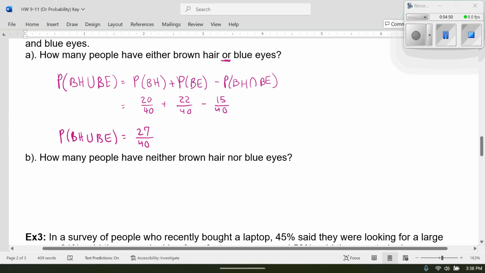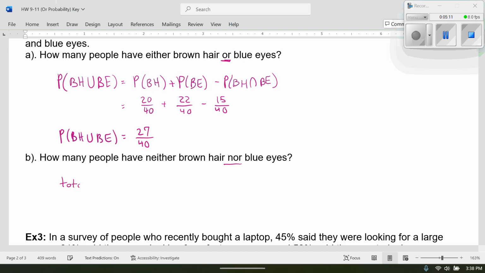Now, they want to know how many people have neither brown hair nor blue eyes. Part B was the actual regions question. If you want to find NOR, that is not OR. So you need to find OR first. Now, there are a total of 40 people. Brown hair or blue eyes is 27 people.